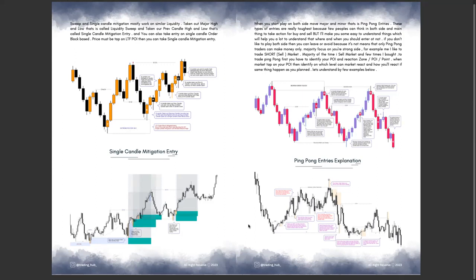First, mark the structure. Once you start mapping the structure correctly, then start identifying the inducement. Focus on one point at a time.